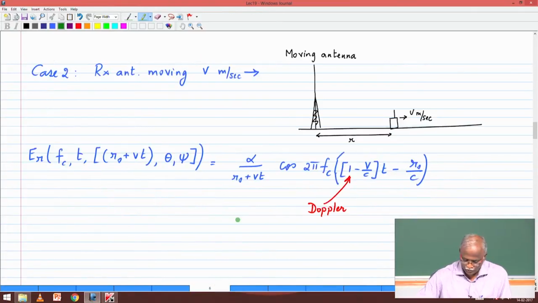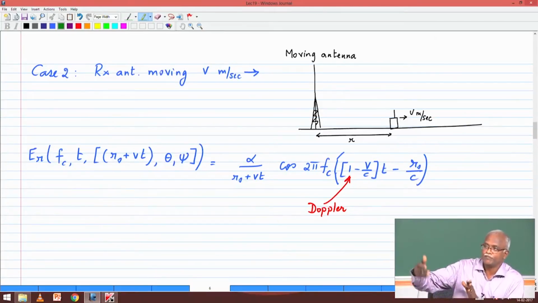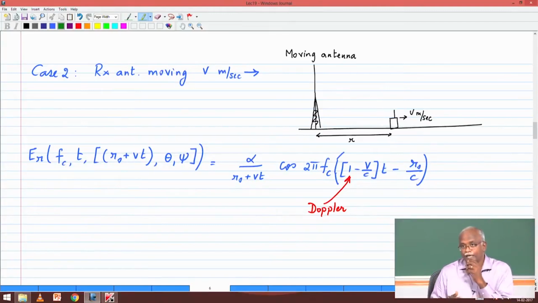We move on to case 2. Now we have the mobile station moving to the right, away from the transmitter, at a rate of v meters per second. So the received electric field is a function of fc and t, no change there. The u vector does not change with respect to theta and psi. The only change is that it's no longer a fixed displacement, but an initial displacement plus v times t, where v is the velocity and t is the time that has elapsed.